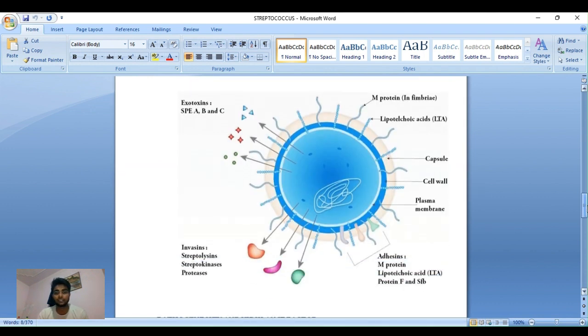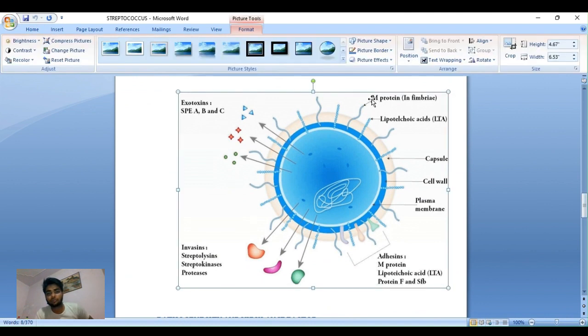Then here is the diagram where we can see some things. Here is the M protein. M protein is the main causative protein which can infect normal human bodies, or it is one of the toxins, or acts as a toxin whenever it attaches to animal or human bodies. And lipoteichoic acid is also a necessary thing, which is in the capsule, the outer covering, and then the cell wall is just inside the capsule.